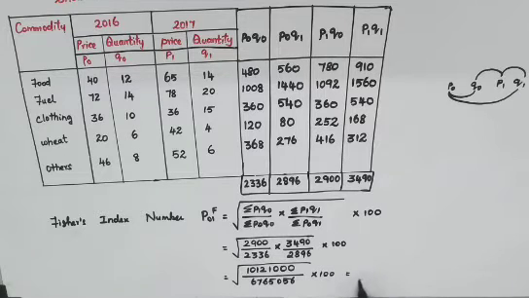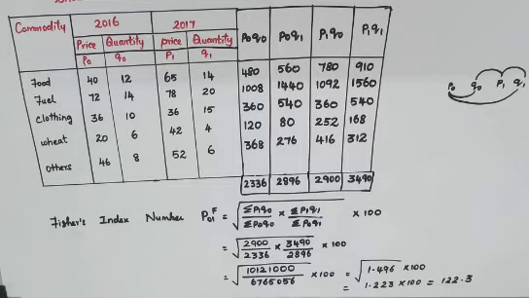So which is equal to root of, dividing the numerator by the denominator, you will get 1.496 into 100, which is equal to root of 1.496, you will get 1.223 into this 100, which is equal to 122.3. So this is your Fisher index number answer.